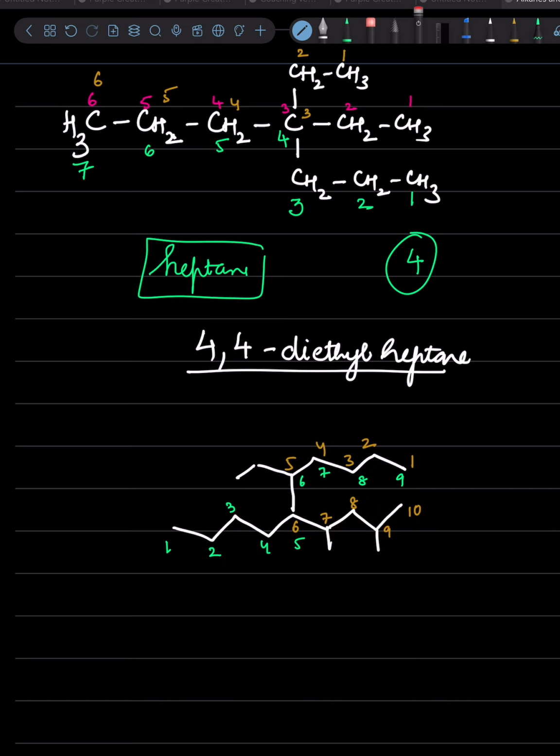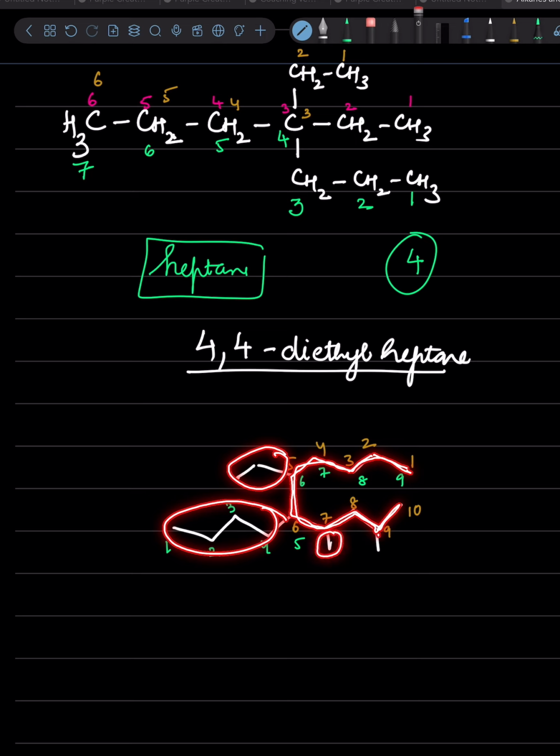So which one is the correct one? The yellow one is the correct one: 1 to 10. This is the longest chain, and then we will look into the substituents. These are the substituents.